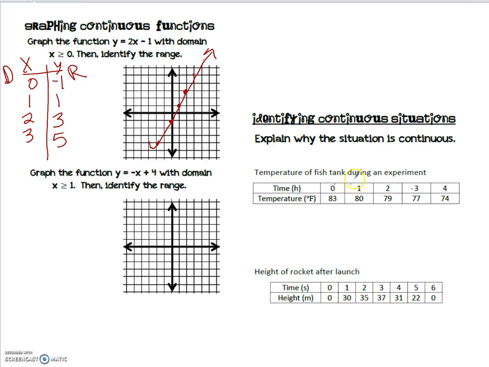So we could say it's continuous because it looks like throughout the day the temperature is dropping, but it's not constant. A discrete situation is constant, continuous is not necessarily. So the temperature drops randomly throughout the day.